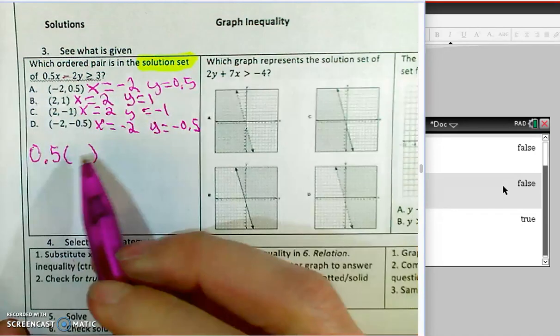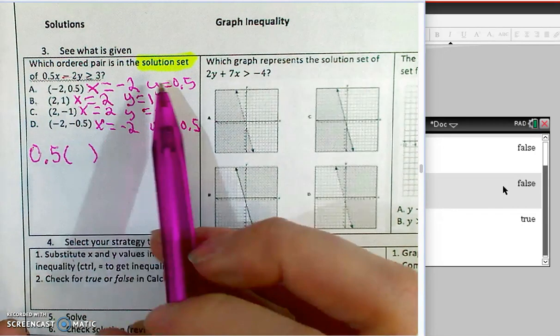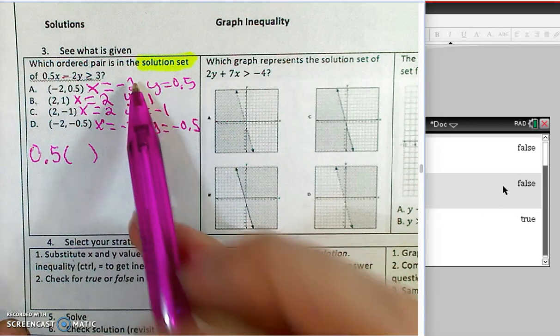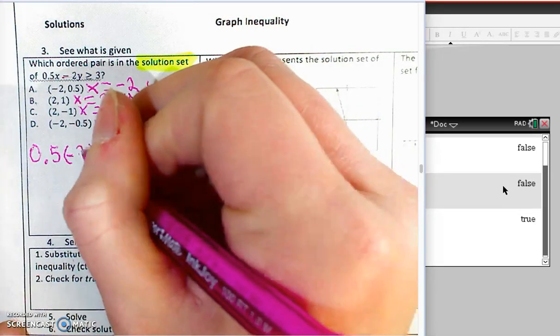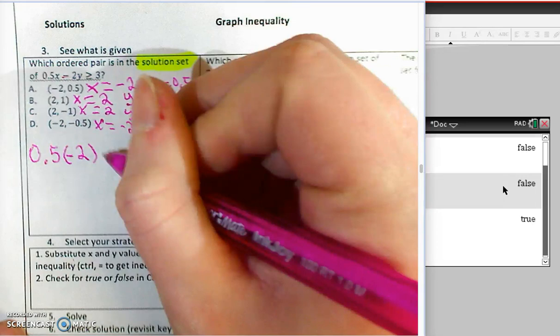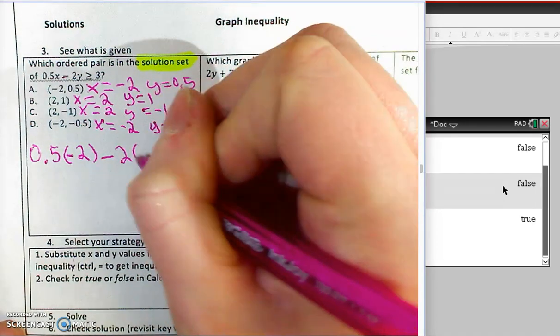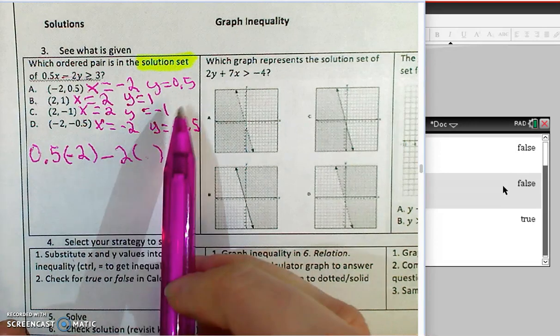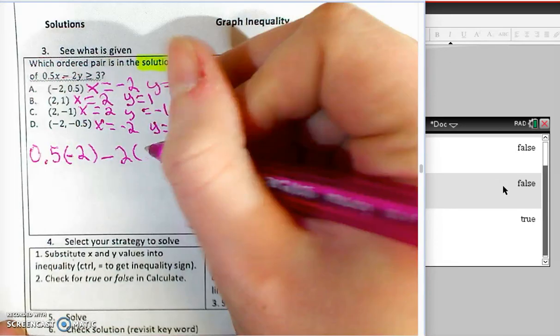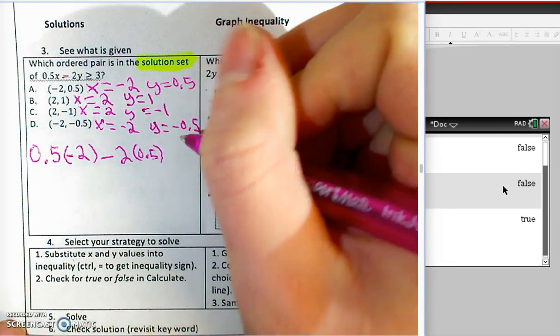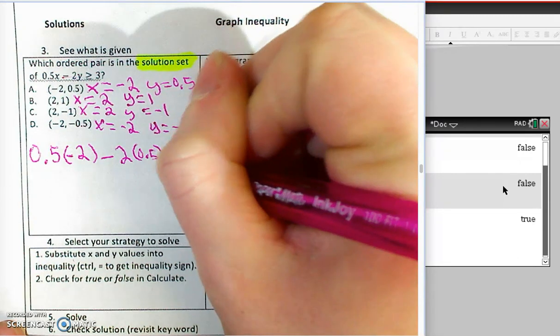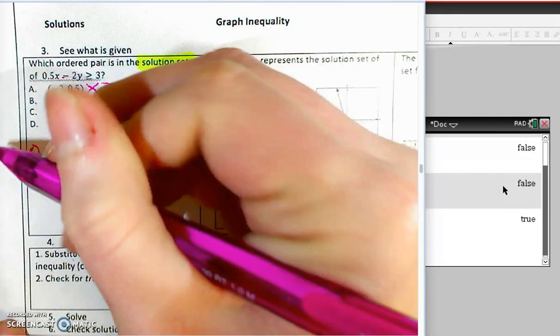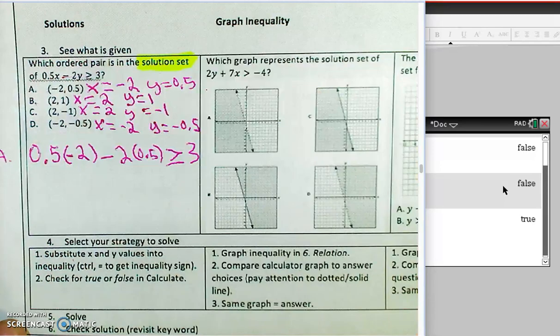Instead of x, we substitute in the x value for answer choice A, which is -2, minus 2. Instead of y, we substitute in 0.5, and greater than or equal to 3. I'm going to make a note next to this that it is answer choice A so I don't forget.